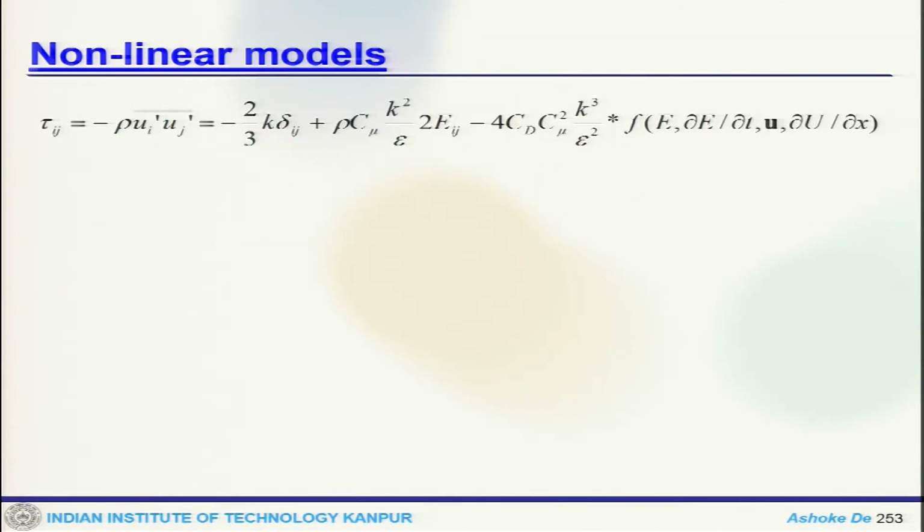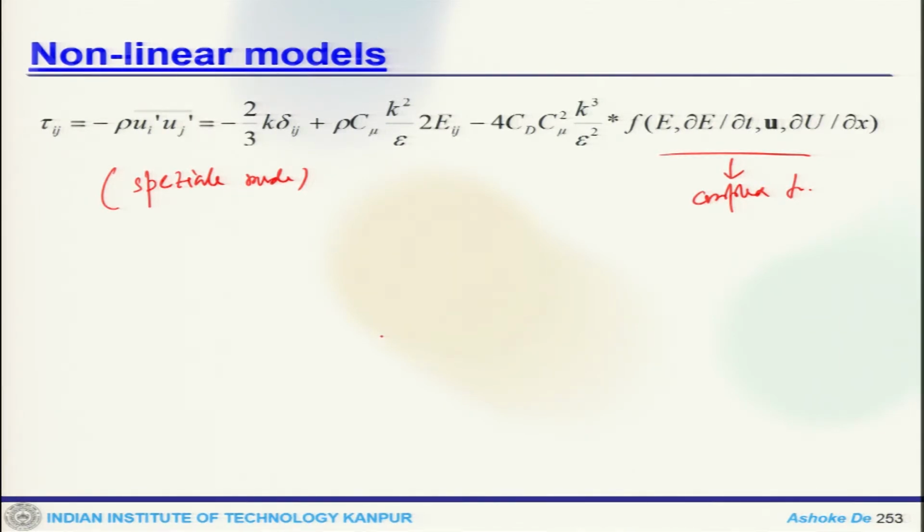Now, another set of corrections is the nonlinear corrections, where the standard K epsilon model is extended by nonlinear corrections for the Reynolds stress term. This is an example of the Speziale model, where f is a complex function of the deformation tensor, velocity field and gradient, and the rate of change of deformation. So, the standard K epsilon model reduces to a special case of this model at low Reynolds number of deformation.